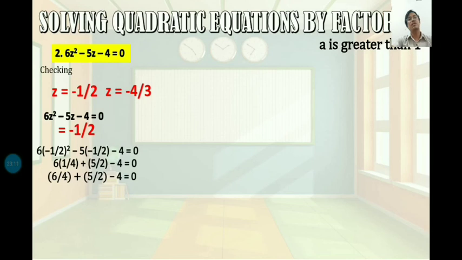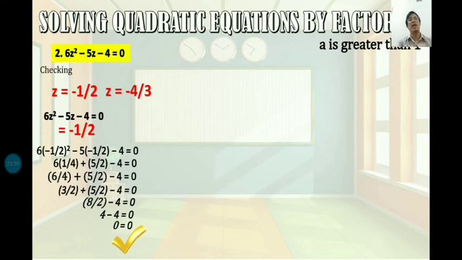The lowest term of 6 over 4 is 3 over 2. Then copy 5 over 2 minus 4, is that equal to 0? Check natin. So therefore, 3 plus 5 equals 8. Since we have the same denominator, simply copy 2. So 8 over 2 minus 4 equals 0. 8 divided by 2 is 4. Then 4 minus 4, is that equal to 0? Yes. So our first root, negative 1 over 2, is correct.